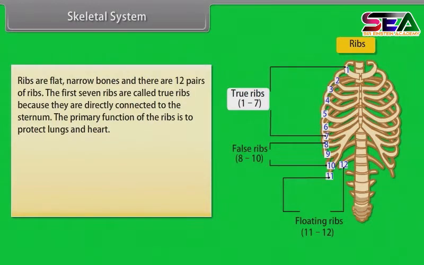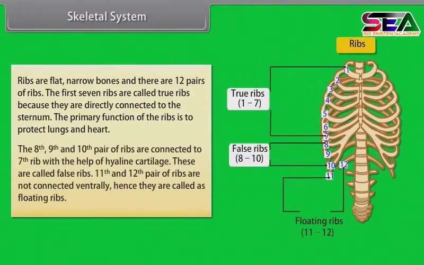The primary function of the ribs is to protect the lungs and heart. The 8th, 9th, and 10th pairs of ribs are connected to the 7th rib with the help of hyaline cartilage. These are called false ribs. The 11th and 12th pairs of ribs are not connected ventrally. Hence they are called floating ribs.